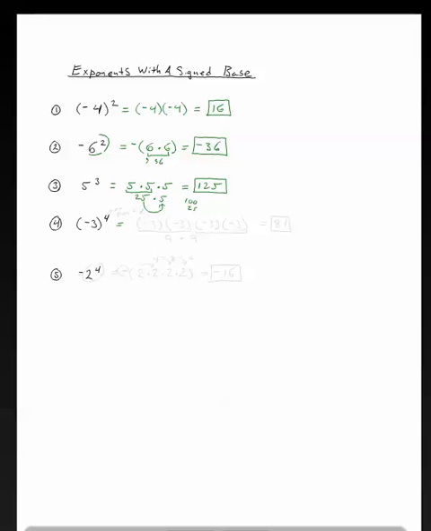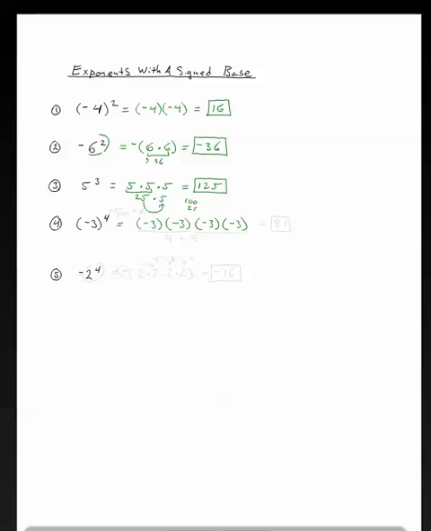In my fourth example, I have parentheses. So those parentheses are grouping the negative with the 3. And I want to take that to the power of 4. That means multiplying negative and the 3 by itself 4 times.